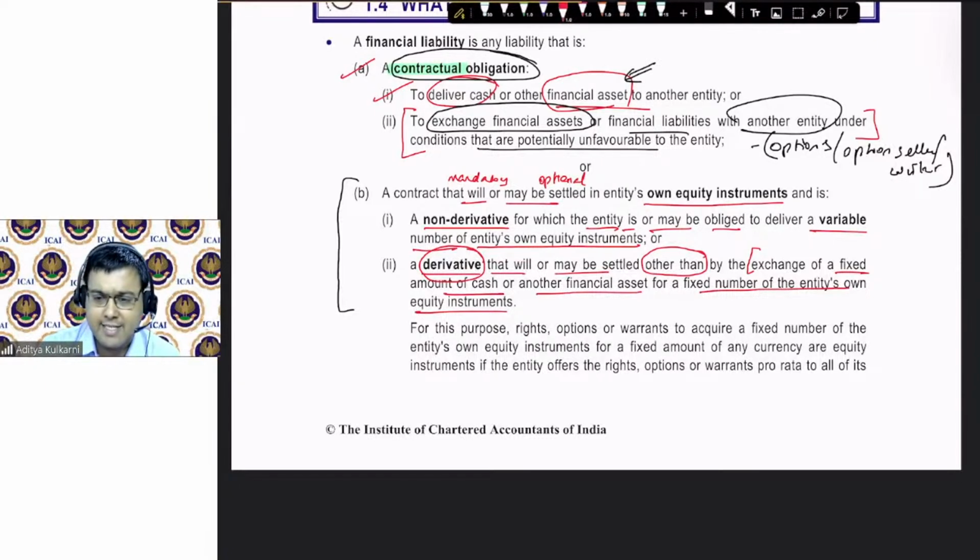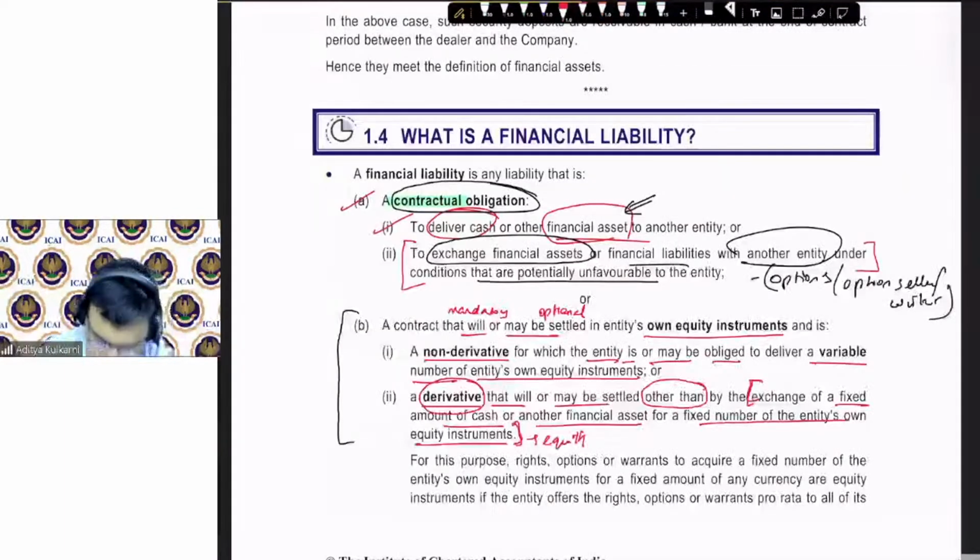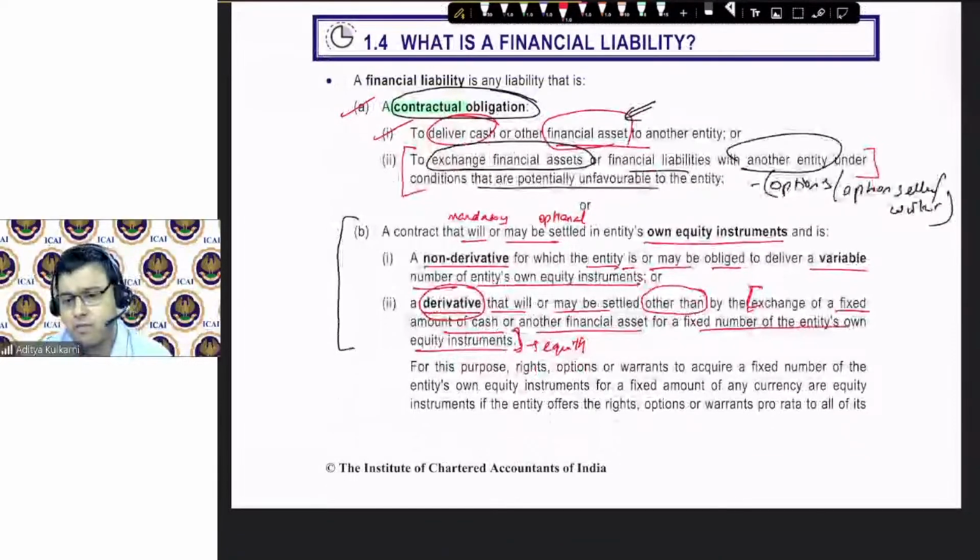Okay, forget the other financial asset. I am getting 5 crores and in place of 5 crores, I am issuing a fixed number of own equity instruments. If the price is fixed and the quantity is fixed, then this part is equity. So it is saying anything other than this. That means if either the price is variable or the number is variable or both are variable, it ends up being a financial liability.